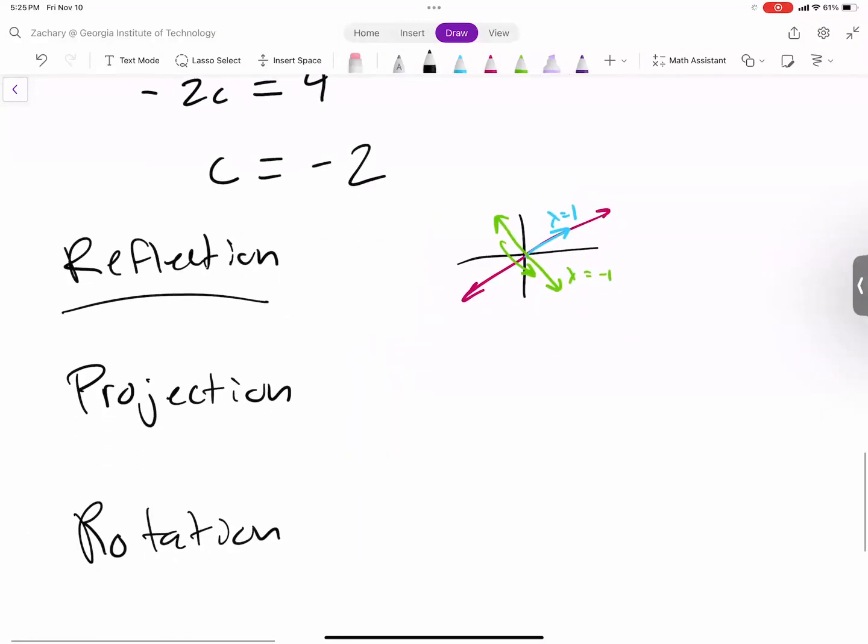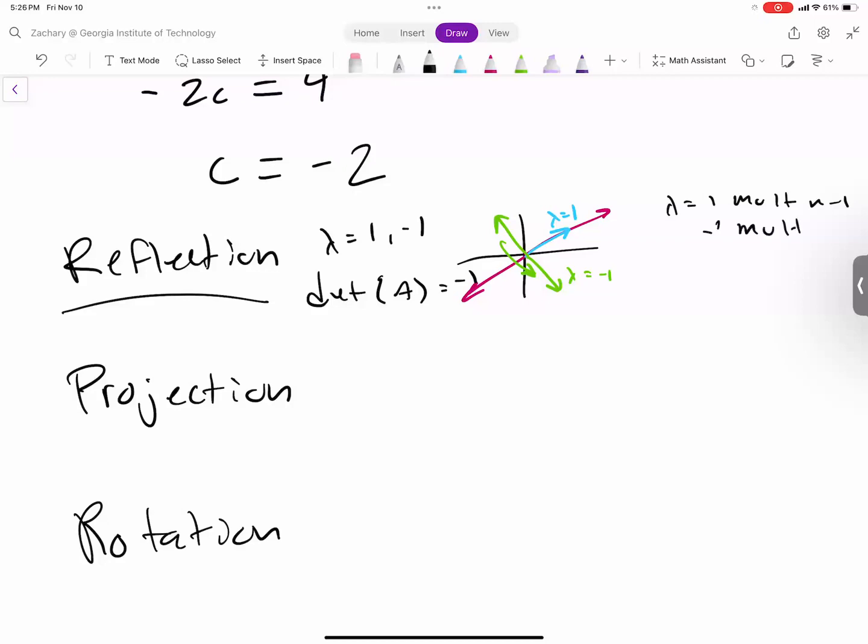Any reflection is always going to have lambda equals 1 and -1. Always. Okay. And you will likewise always have a determinant equal to -1. And as a little sidebar, you're going to have lambda equals 1 with multiplicity n minus 1.